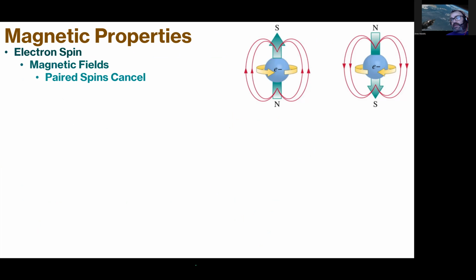Okay, so these electrons are sitting there and they're spinning around, and as they're spinning around, they're generating a magnetic field. So here we have one that's spinning up, and so it's generating an up magnetic field, right? So this might be plus 1/2. We draw it up. Here we have one spinning down, so this would be minus 1/2. We draw it pointing down.